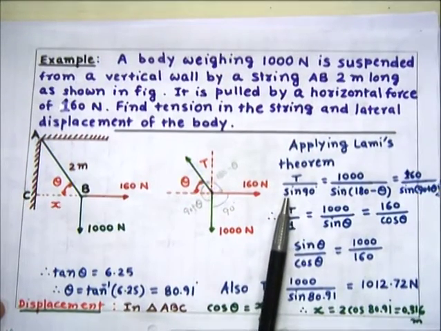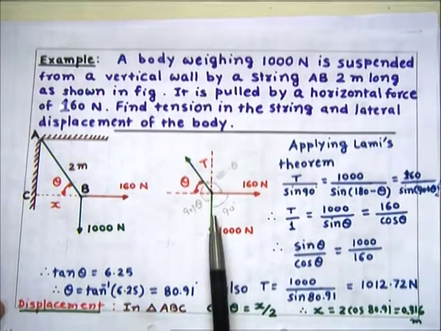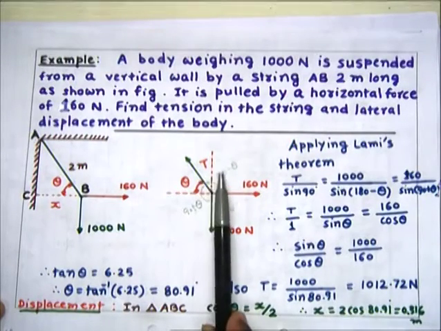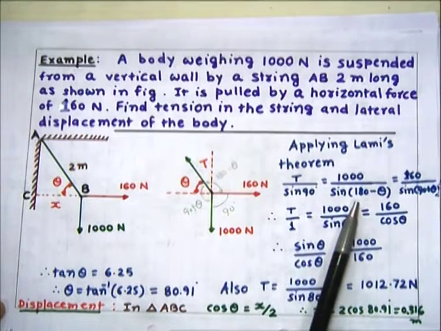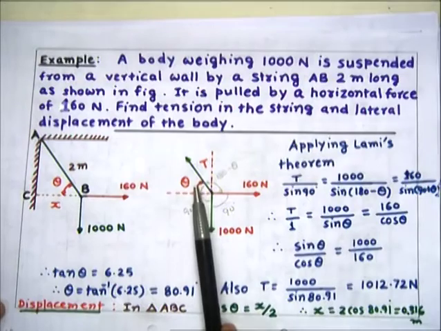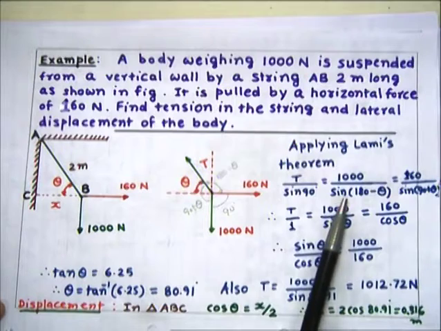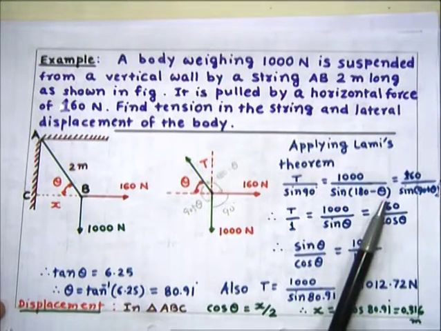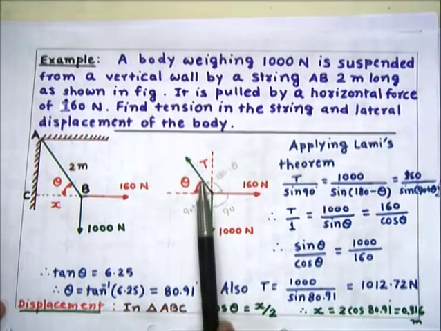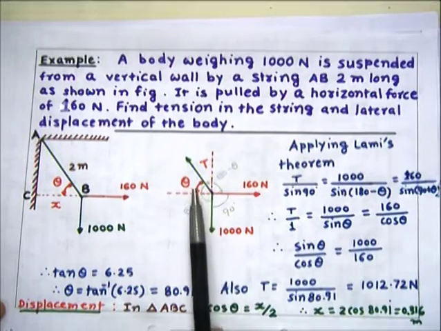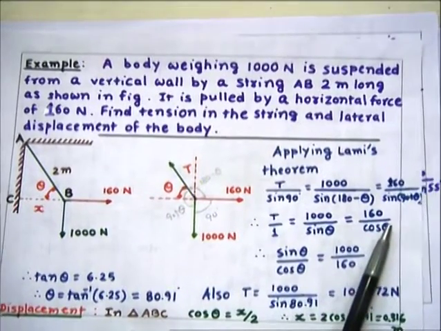So T divided by sine 90 is equal to 1000 divided by sine of the angle between T and 160 Newton, which is sine of pi minus theta, because here we have taken this as theta, so this angle makes a linear pair, that would be 180 degree or pi minus theta, is equal to 160 Newton divided by sine of the angle between T and 1000 Newton, so this is sine 90 plus theta.